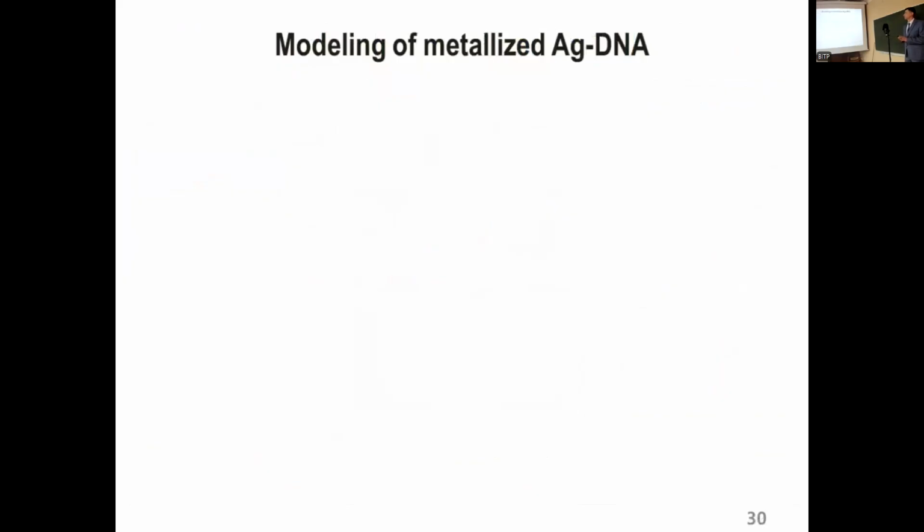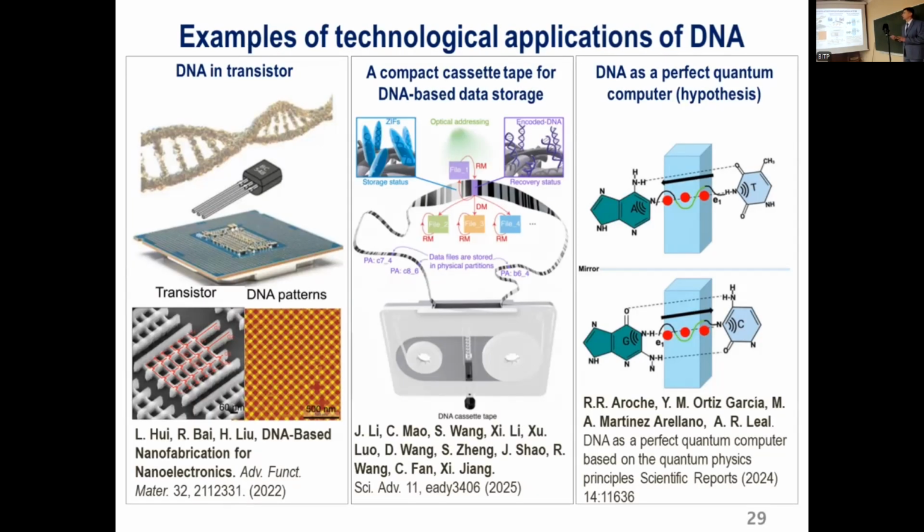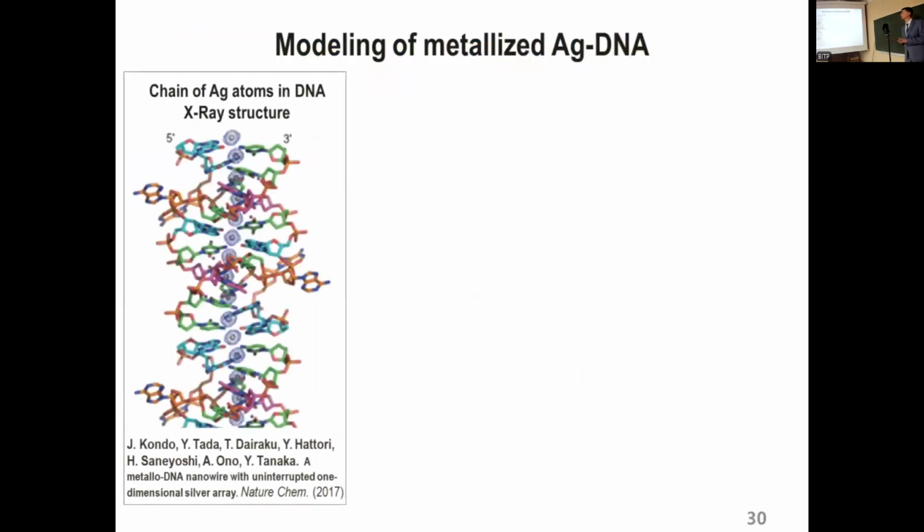And if we are talking about DNA as a conductor, as for me, I suppose it is very important to understand such a system like DNA with metal ions in the sense of metallization of DNA, when the ions are inserted inside the DNA macromolecule.